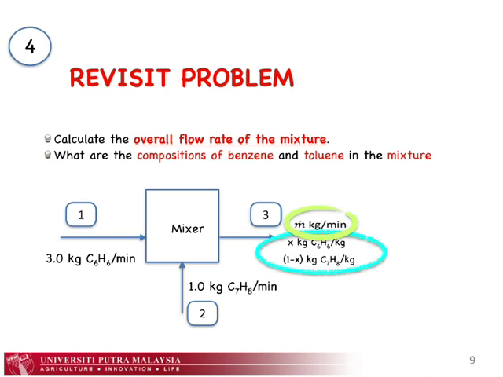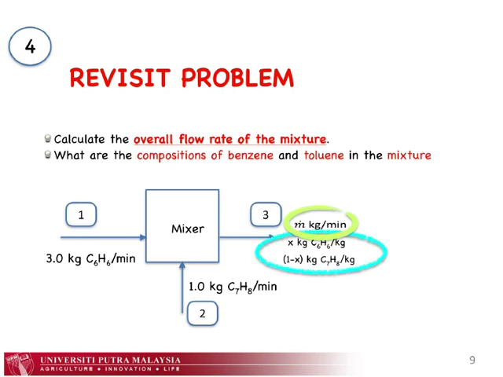Remember that mass fraction is an interdependent relationship, which means if we are able to find a value for one component, then we will be able to find a value for other components in the mixture. So, if we have x kilogram of benzene per kilogram of mixture, then the mass fraction of toluene will be 1 minus x kilogram of toluene per kilogram of mixture.